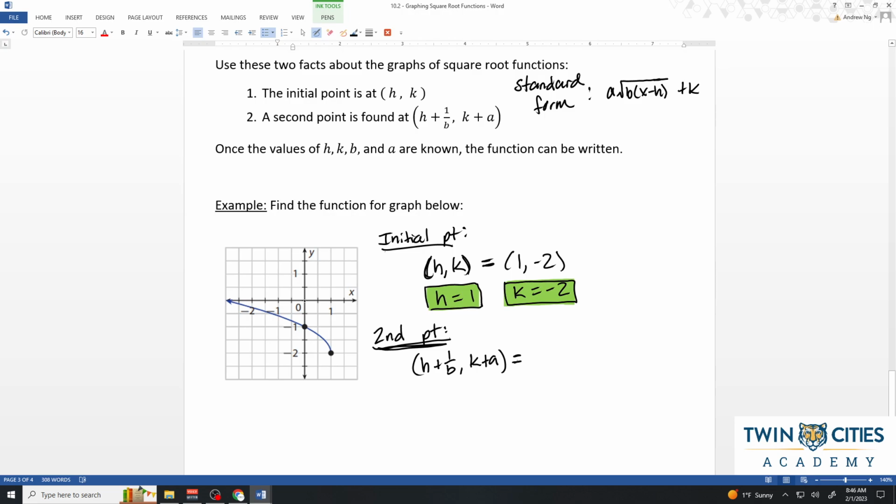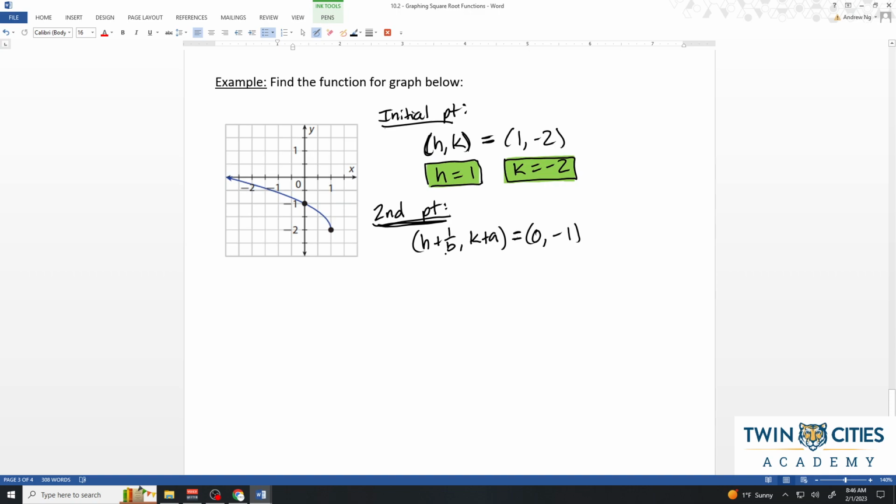This is (0, -1). So this tells me that I can break this up and say left equals left, right equals right. So h plus 1 over b is going to be equal to 0, left equals left. And over here I can say k plus a is going to be equal to -1. The right here equals the right here.